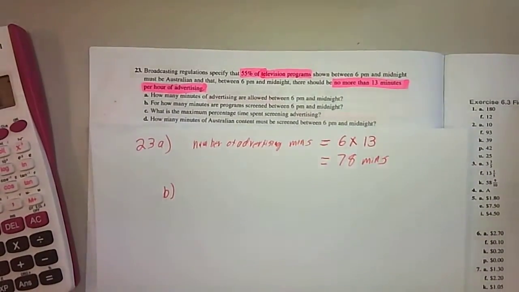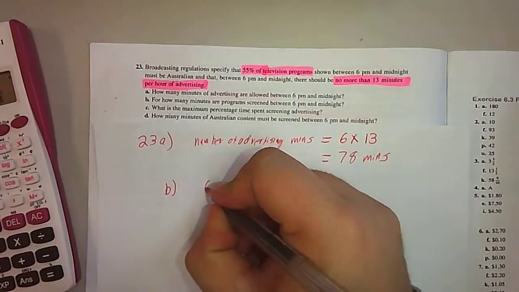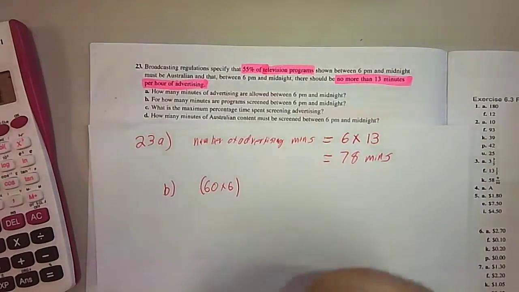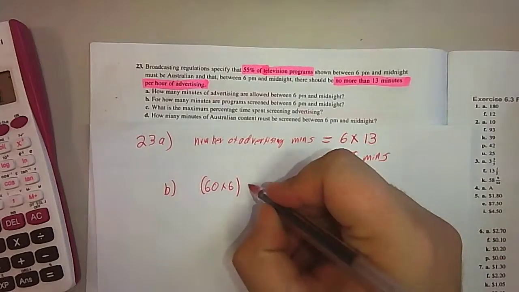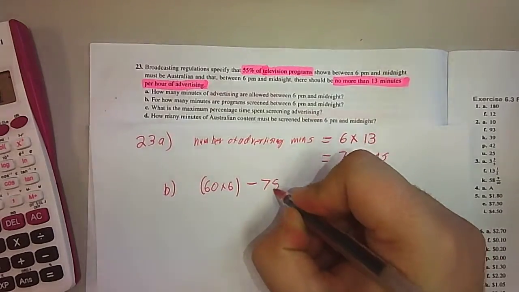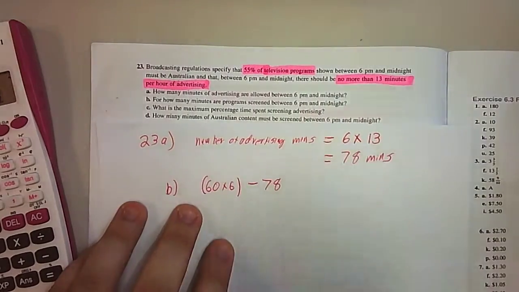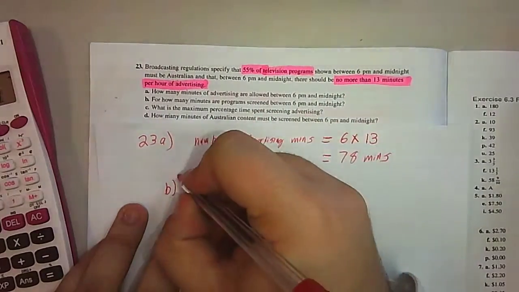Okay. So let's work out what is 60 times 6. That's how many minutes between 6 p.m. and midnight. And then we obviously have to subtract 78 for that one. Okay. What is all of this? This over here is the program screen time.